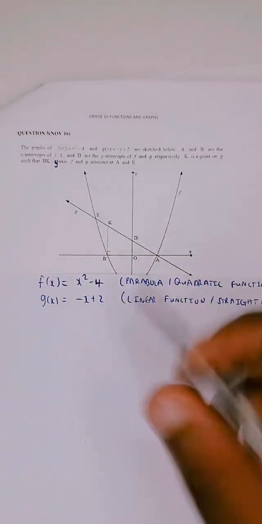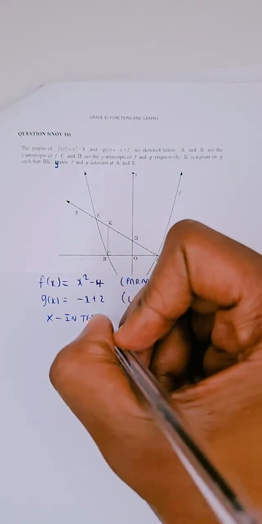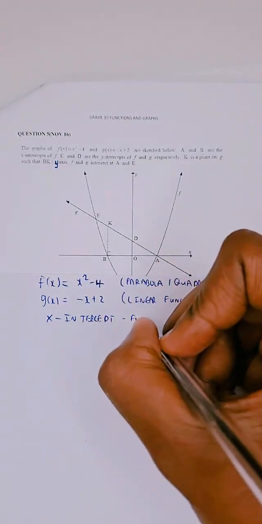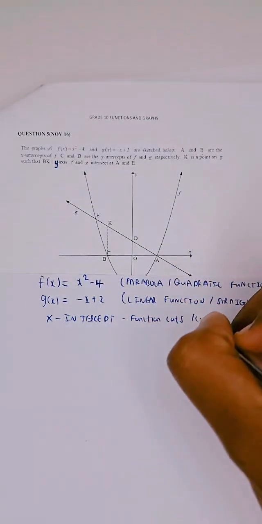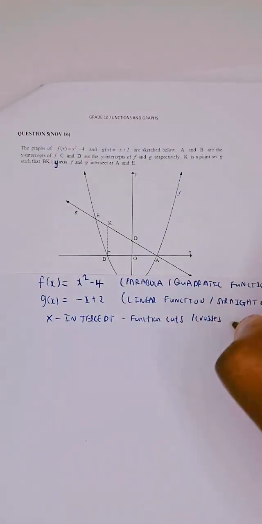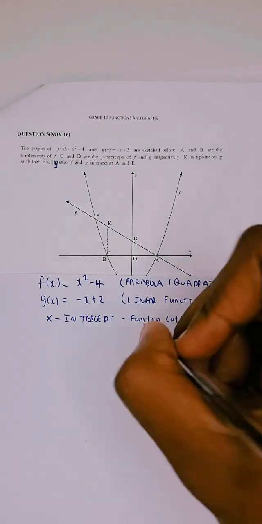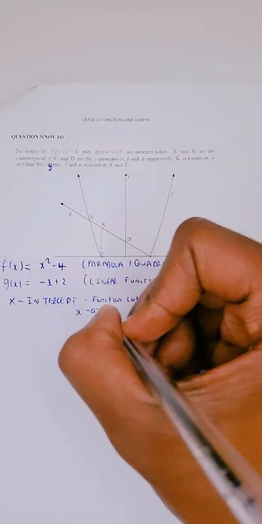Basically, your x-intercept is the place where the function cuts, crosses, or overlaps the x-axis.